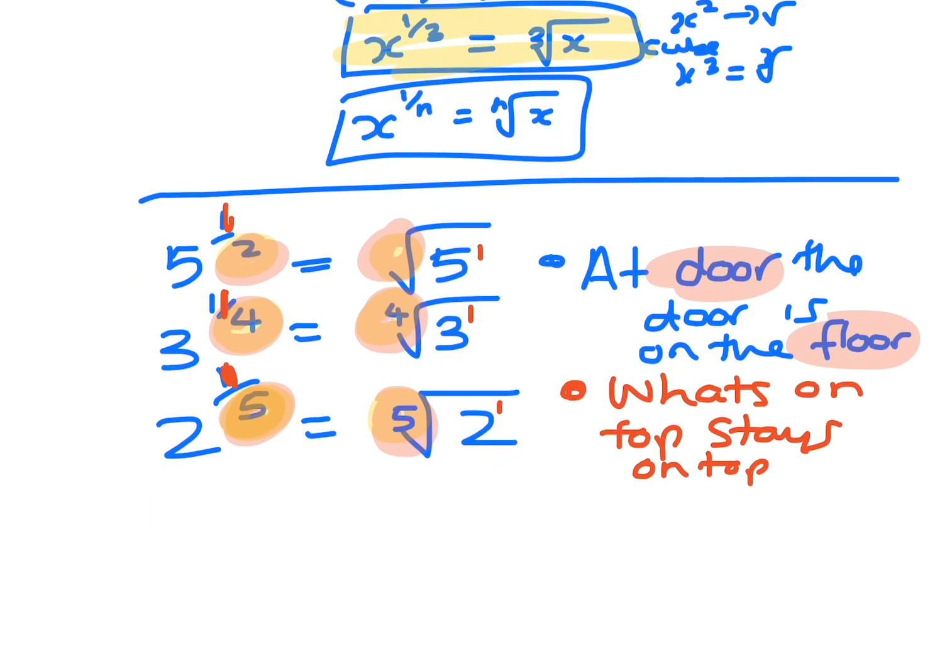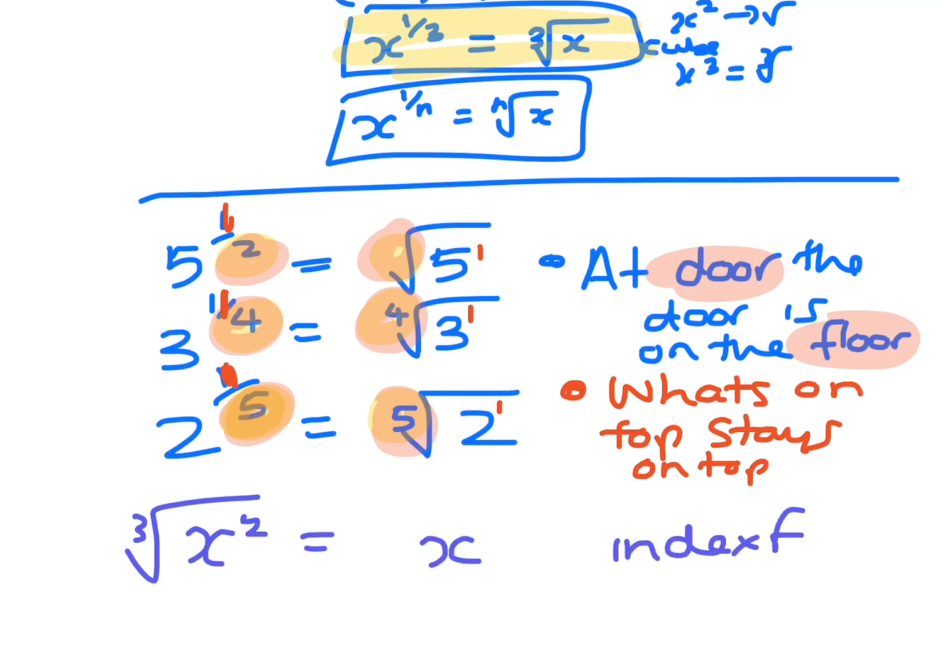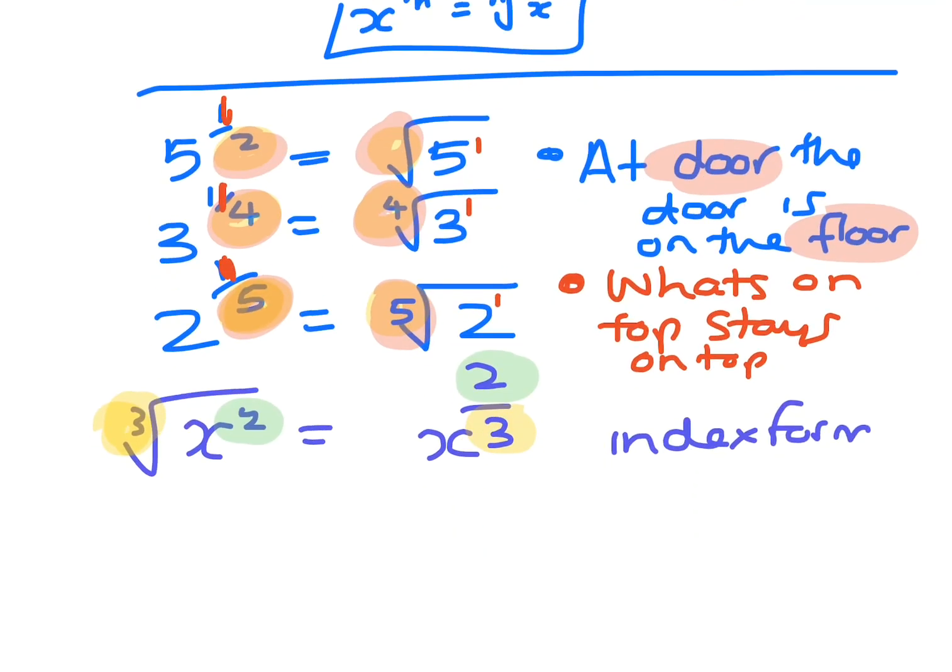In actual fact, if you had, let's say, the cube root of x to the 2, then in index form, the 3 is at the door, which goes on the floor, and the 2, this power of 2, what's on top stays on top. So that means 2 will go there and 3 will go on the bottom, and that's what the root will look like in index form.